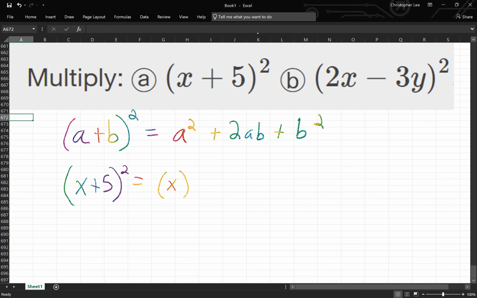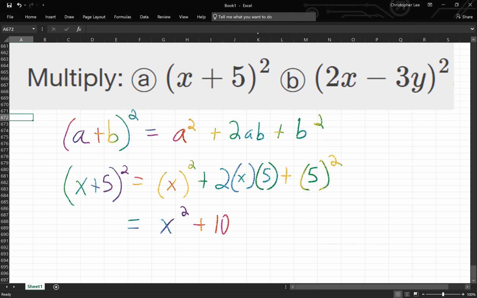I have x, just going to square that, plus 2 times, what's a? X, and what's b? 5, plus, what's b again? 5, and then squared. Doing the math on this, what do I get? X squared plus 10x plus 25. And that's my final answer there.